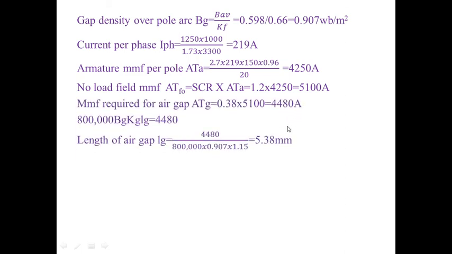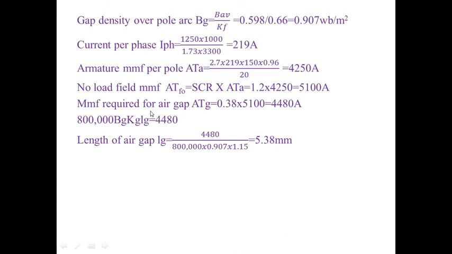So MMF required for air gap ATG is given by 0.38 into 5100. Oh sorry, that is 38%, it should be 88%. So 0.88 into 5100. So you'll be getting 4480 amps, which is also equal to 800,000 into BG into kg into LG, correct.